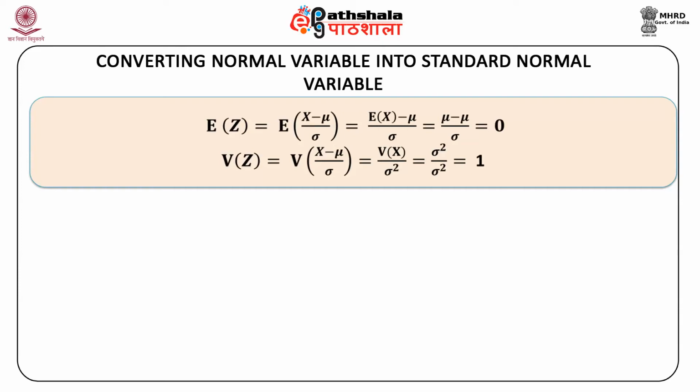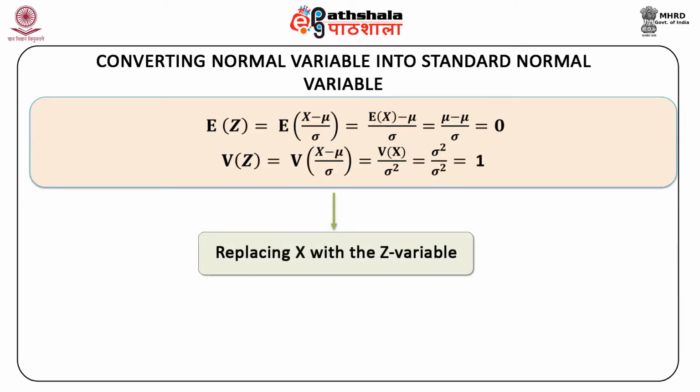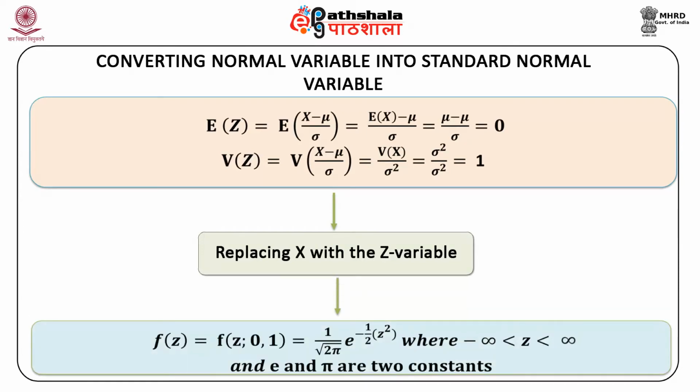Variance of z is equal to variance of (x minus mu divided by sigma), which is equal to variance of x divided by sigma squared, which is equal to sigma squared divided by sigma squared, which is equal to 1. Replacing x with the z variable, equation 2 can be rewritten as f(z; 0, 1) equal to 1 divided by root 2 pi, e raised to the power of minus half z squared, where z lies between minus infinity and plus infinity, and e and pi are two constants.